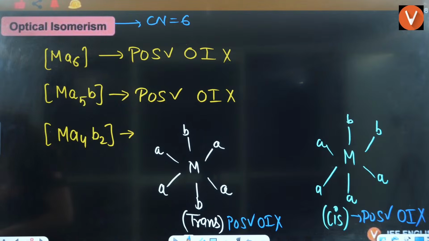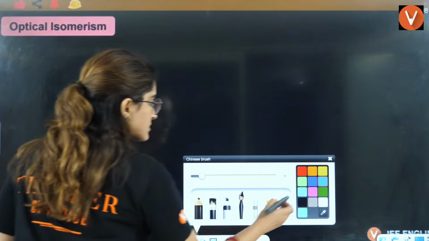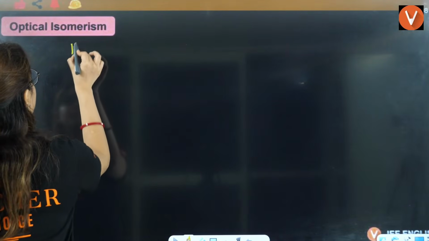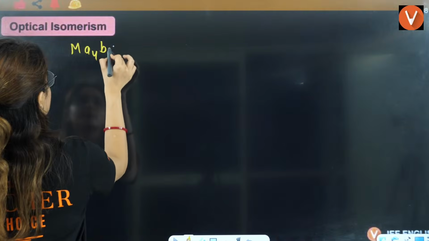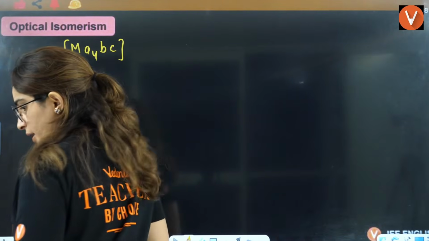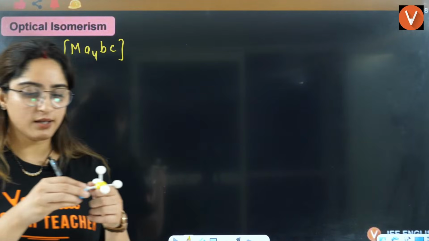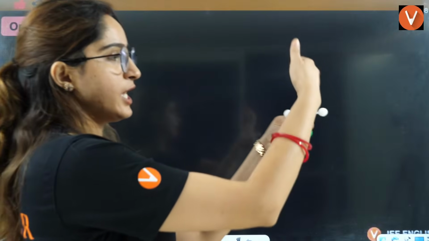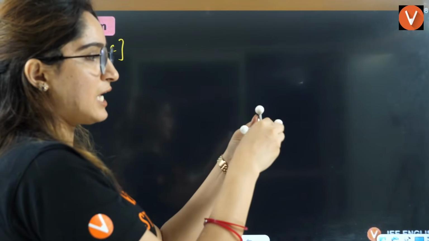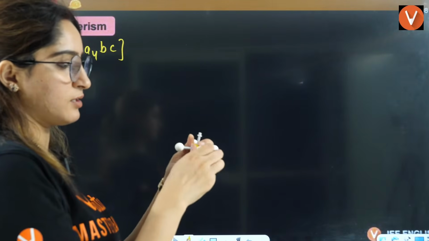Optical isomerism will not exist. Now, the next one is MA4BC. It is the same. Even if you pass the plane through BC like this, it will cut into equal halves, even if you have them opposite.